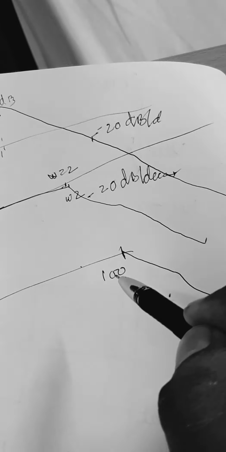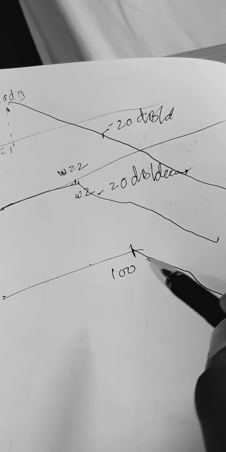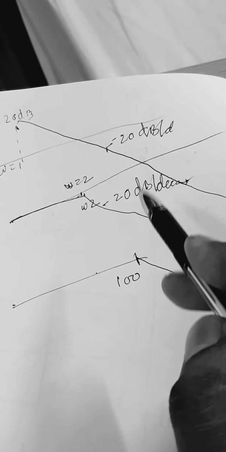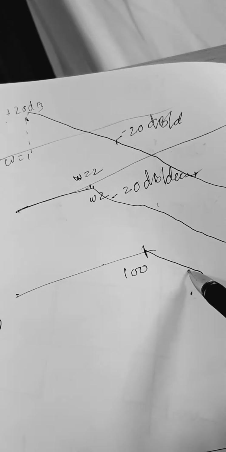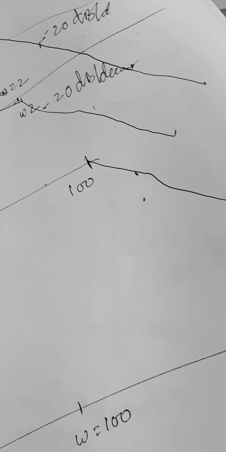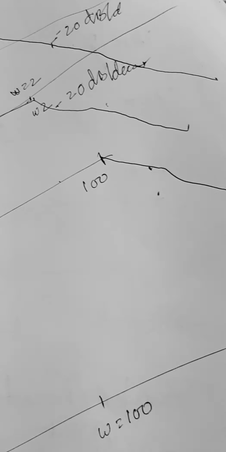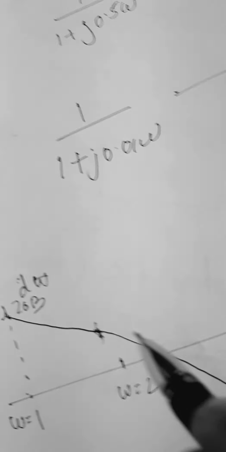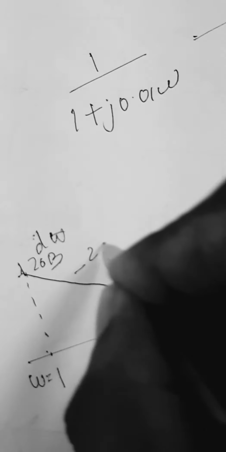Then after 100, this is minus 20 dB, this minus 20 dB, this minus 20 dB, so you will get minus 60 dB. So this is minus 60, this is minus 40, and here it is minus 20.